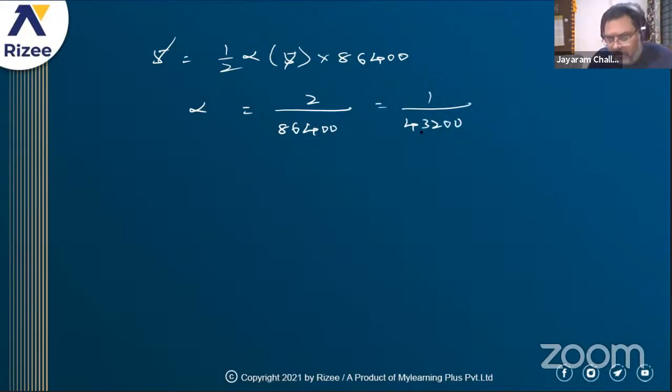If it had been 1 by 5 something else, or 1 by 500, the answer would be 2 into 10 to the power of something. So your answer should be just greater than 2. So I'm taking 2.1 into 10 to the power of minus 5. I've just gone for an approximation here.